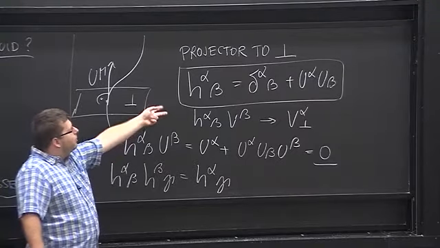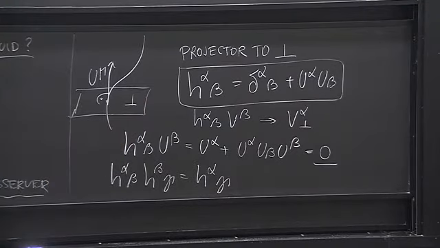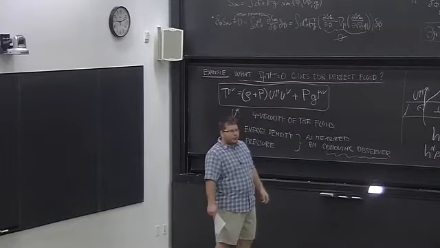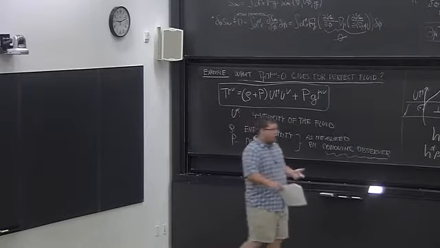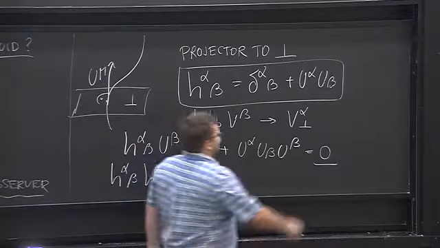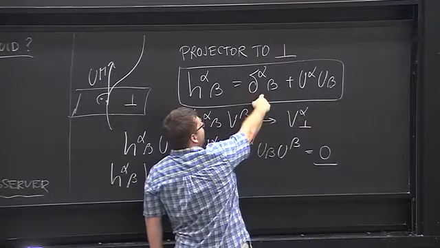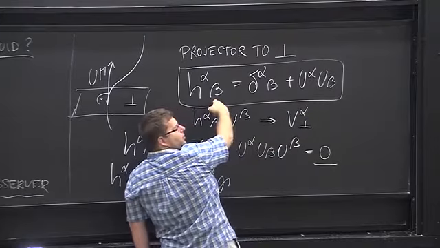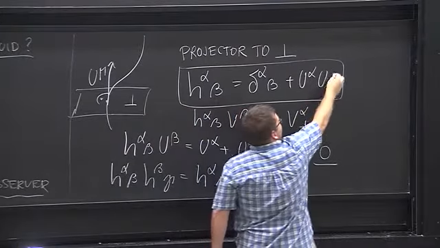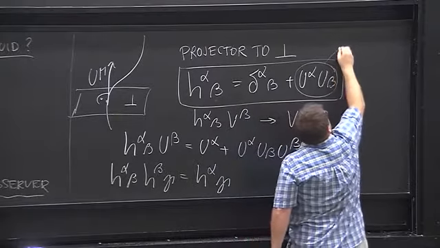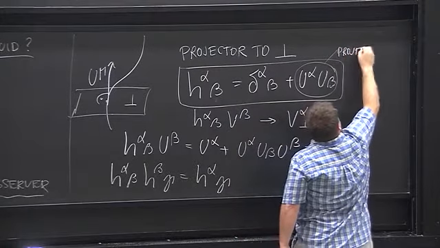So I have projected to my perpendicular space, but I also can form a projector which projects to my parallel space with the 4 velocity. And of course, the sum of these projectors better give me 1. And so then it's obvious that 1 is this delta alpha beta. This is the projector to the perpendicular space. So this must be the projector to the parallel space.